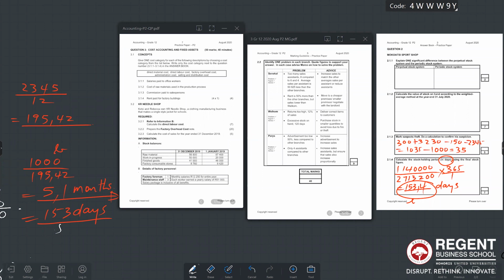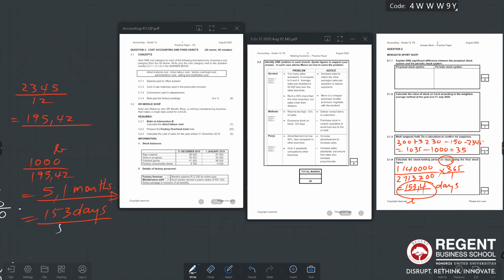It is total fixed cost at the top, and just put the profit at the top, how much he wants to make. You want to make 250,000: total fixed cost plus 250,000 divided by selling price per unit minus variable cost per unit. And you will get the number of units you must manufacture and sell so that you will end up with a profit of 250,000 rands. So what you need to know is read the questions carefully. Read carefully and you should be able to work it out.